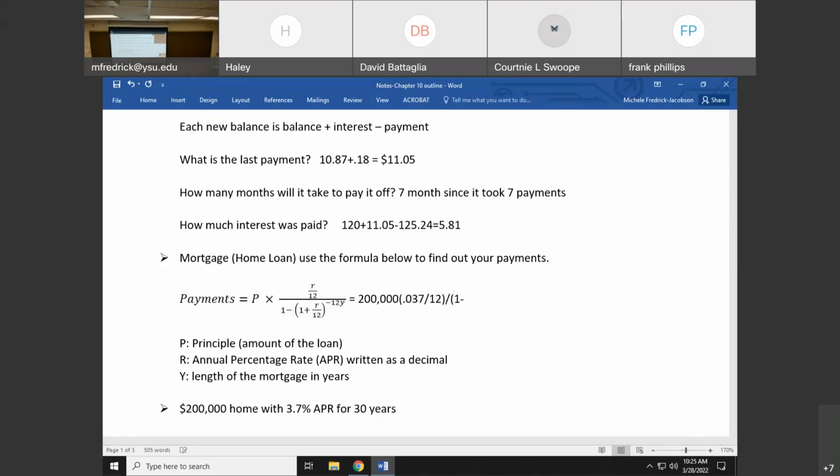One minus, parenthesis, 1 plus, rate again, 0.037 divided by 12, caret, negative 12 times 30.